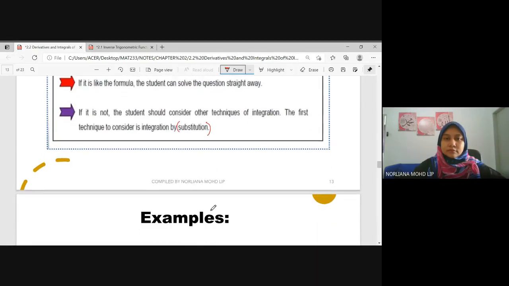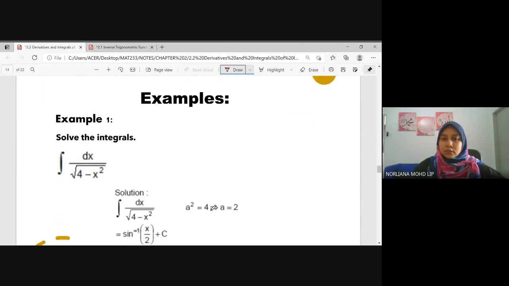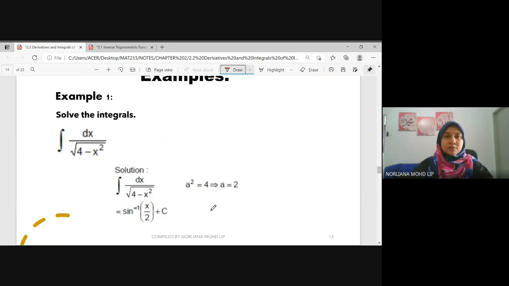Okay, look at example. Example 1. Solve the integral dx over square root 4 minus x square.